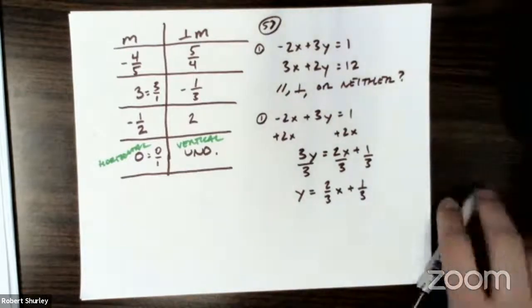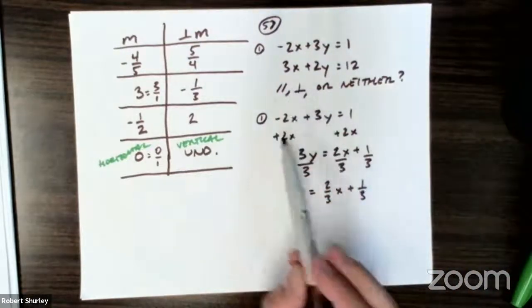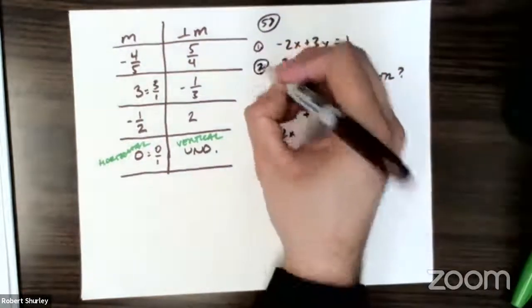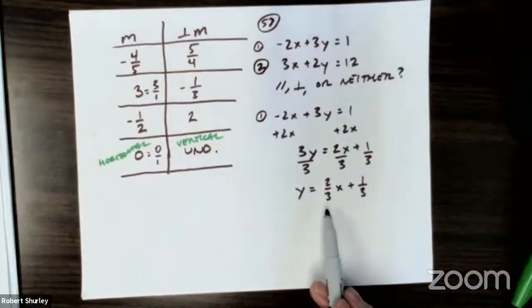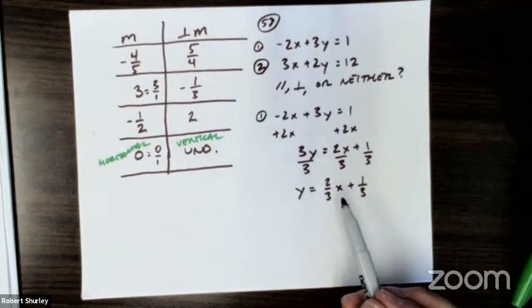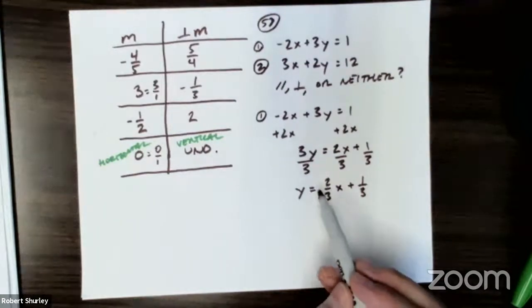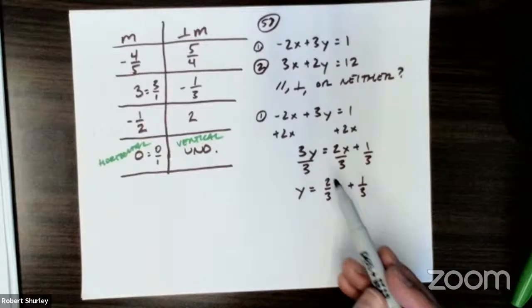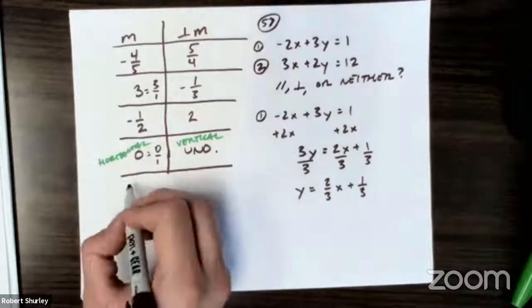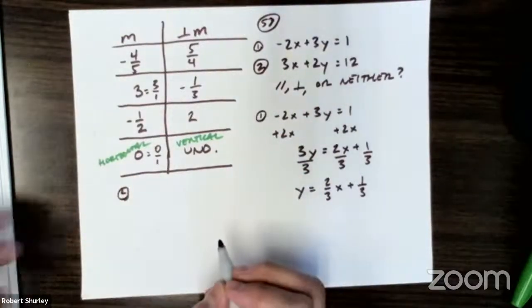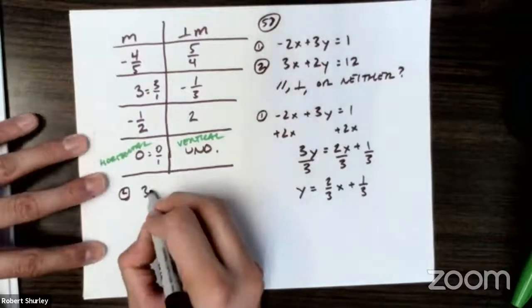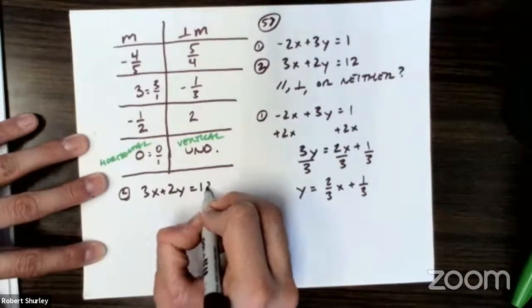Okay, we need to find now the slope of our second equation. There it is. If it winds up being 2/3, boom, we know that it's just parallel. If it winds up being negative 3/2, we know it's perpendicular. So let's do this one. We've got 3x plus 2y equals 12.